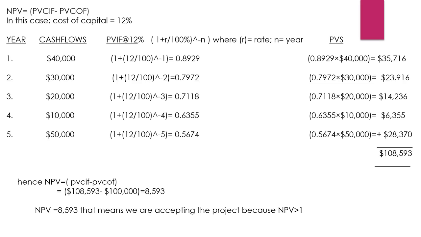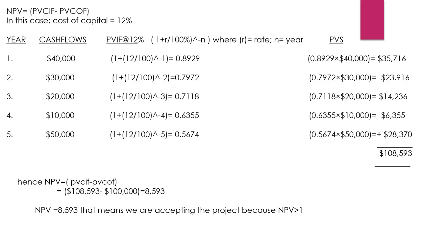So 0.5674 times the cash flow, $50,000, you get that the present value of cash flow is $28,370.